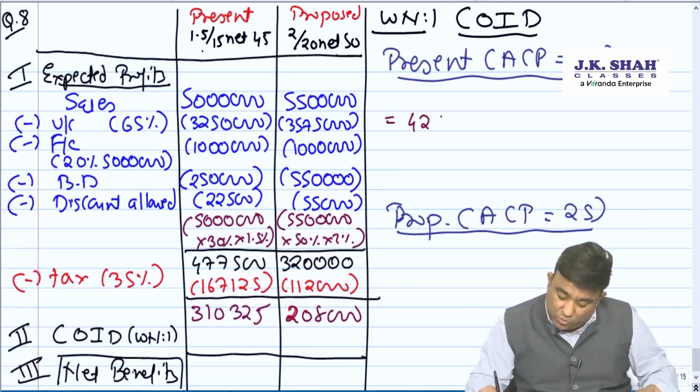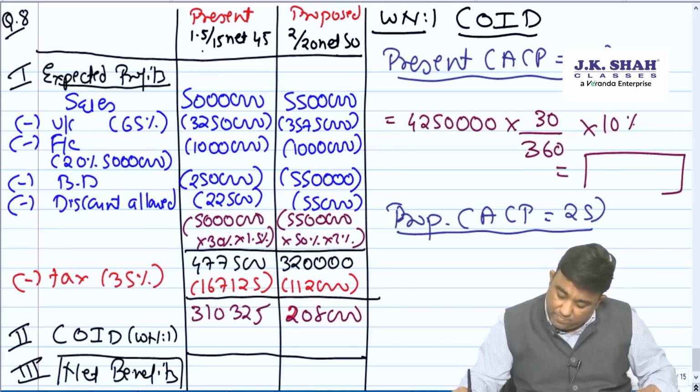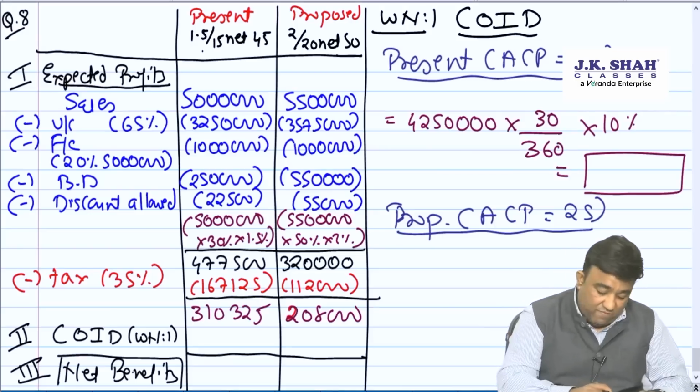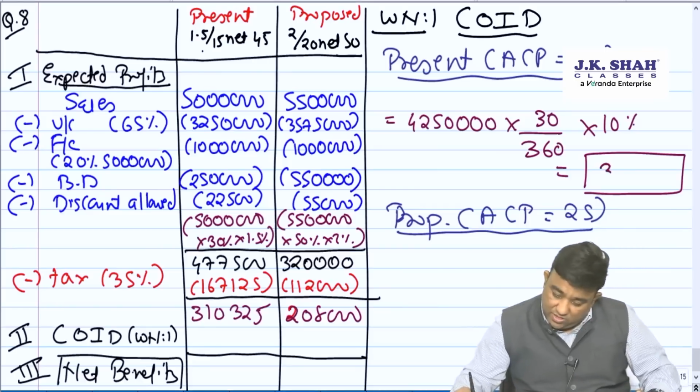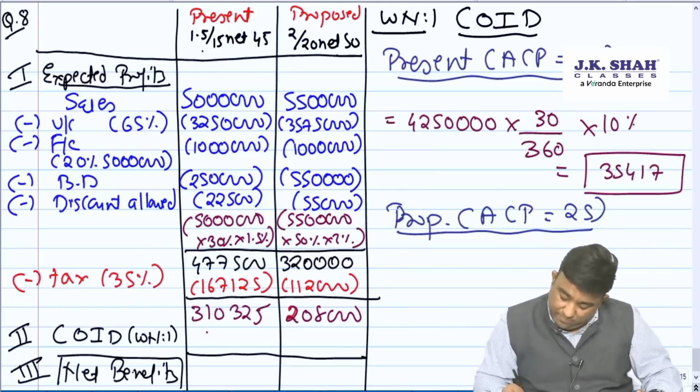That is 42,50,000 into 30 upon 360 into 10%. That comes to 4250 divided by 360 into 30 into 10% is 35417. So this is 35417.